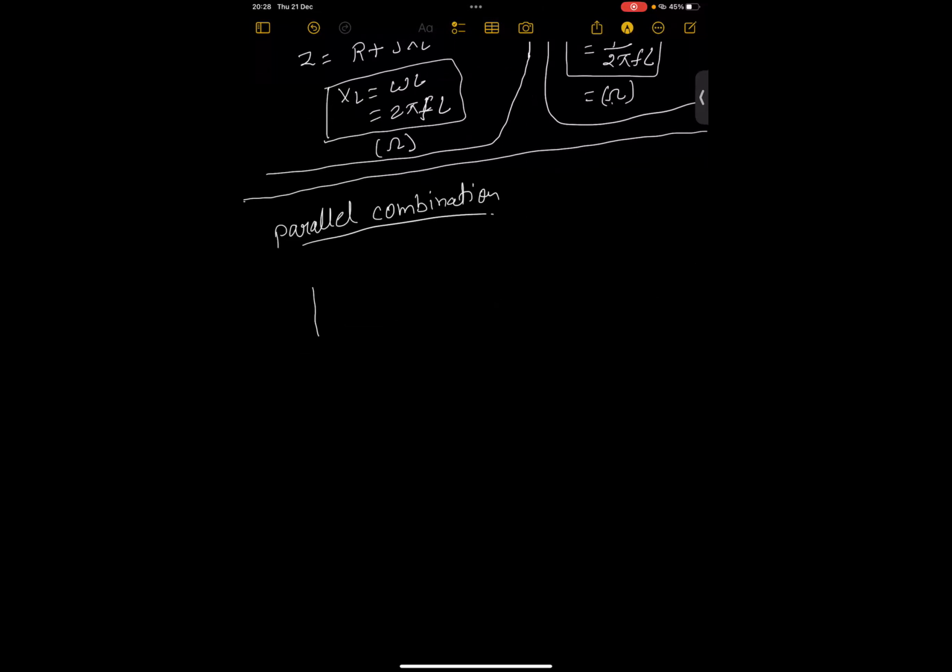So here voltage V is given. Here is impedance Z1 and another is Z2 in parallel combination. As you know, in parallel combination different currents flow, I1 and I2, and that is current I.